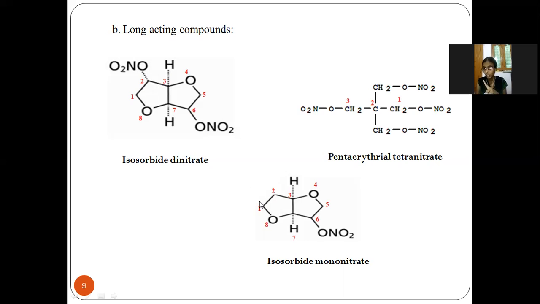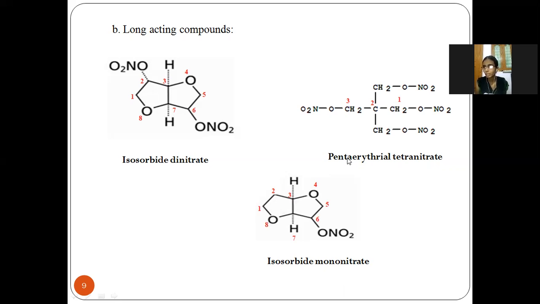This is the only difference between the isosorbide dinitrate and isosorbide mononitrate. See, this is the structure of the D-gluticol. In the third position and the seventh position, hydrogen atoms are there, and in the sixth position the nitro group is attached. In the fourth and eighth position, oxygen groups are attached.